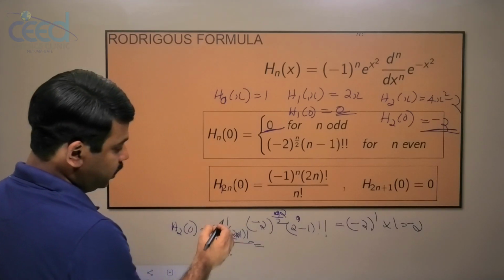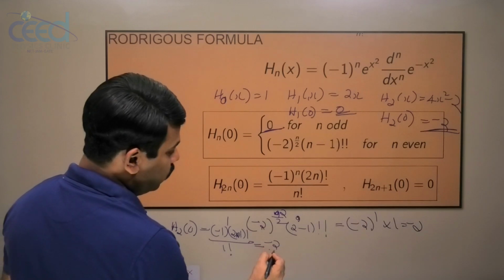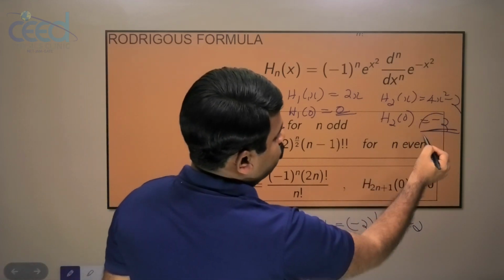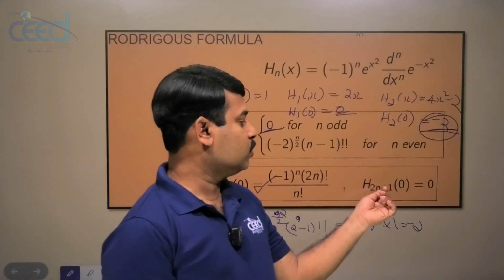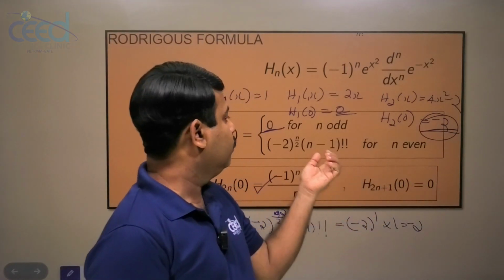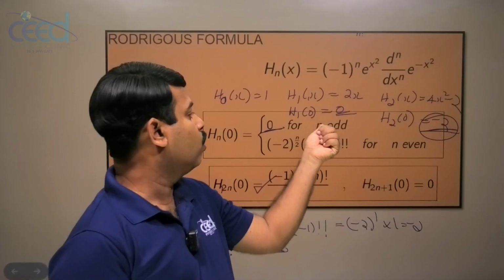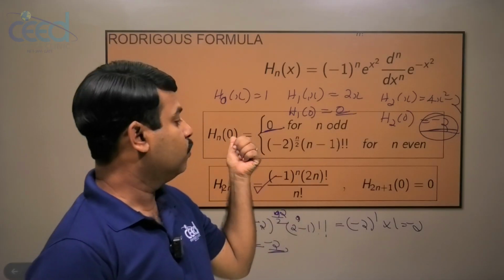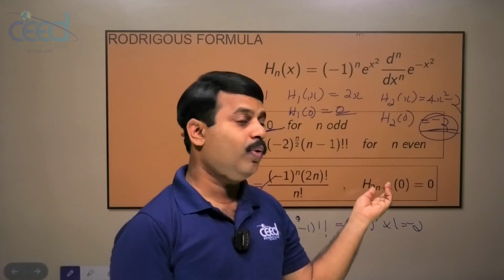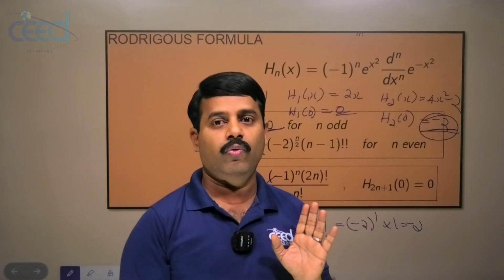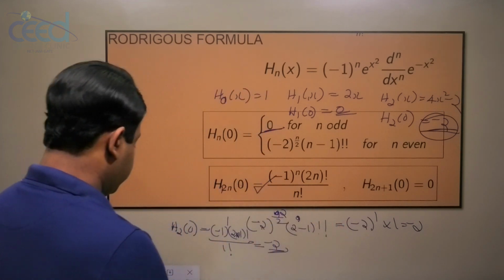Minus 1 raised to 1, that is minus 2 only. See, minus 2, right. So this is also correct. This h2n plus 1 of 0 is 0, we already studied, for odd values, h1 of 0 is 0, right. It is another way, 2n plus 1 represents odd values, alright.